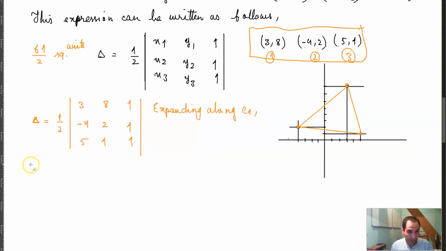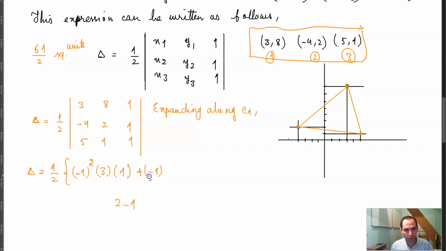Along this column, I have delta is equal to 1/2 times negative 1 raised to the second power times 3 times this determinant, 2, 1, 1, 1. And you have 2 minus 1, which is equal to 1.